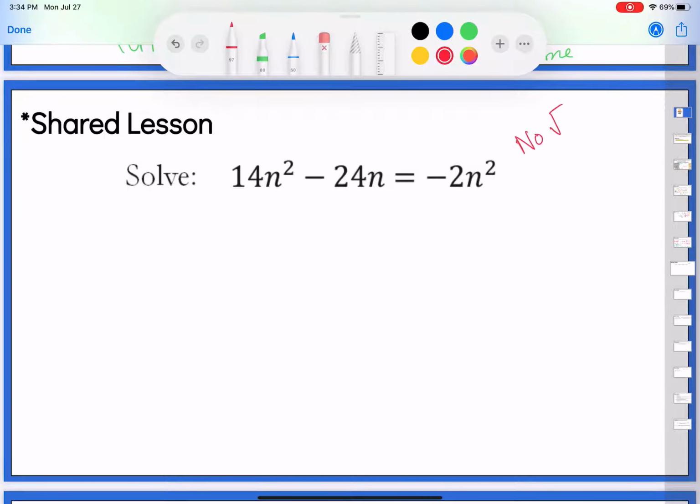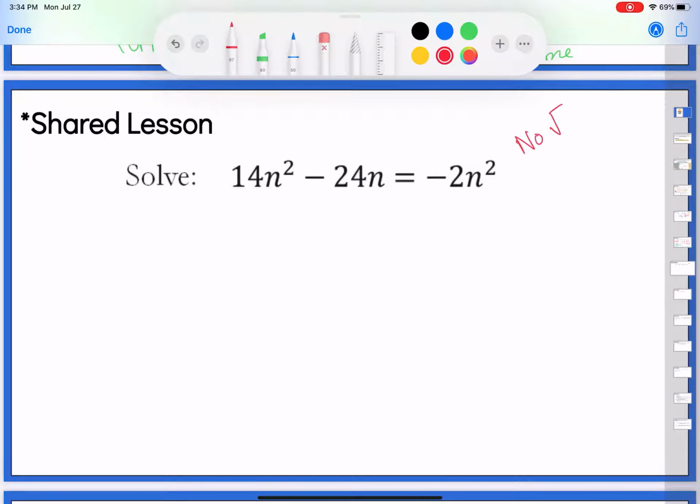I need b squared, right? B squared is 10 squared minus 4 times a, which is 8, times c, which is 9. The color kind of helps me. That's what jumped out at me right away, that I shouldn't be using the same color twice. All right, so b squared minus 4ac. So 10 squared gives me 100.